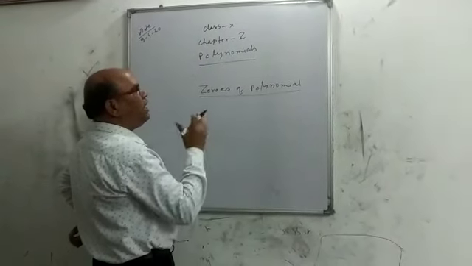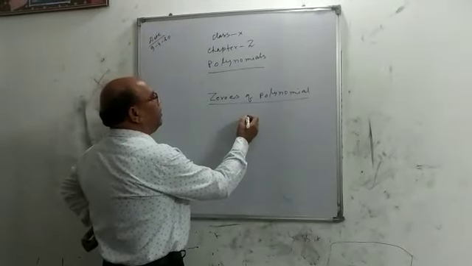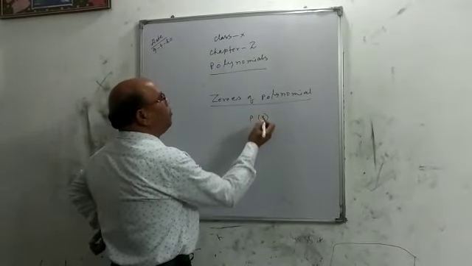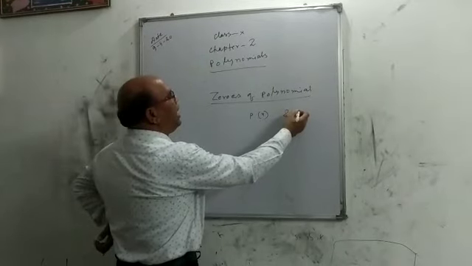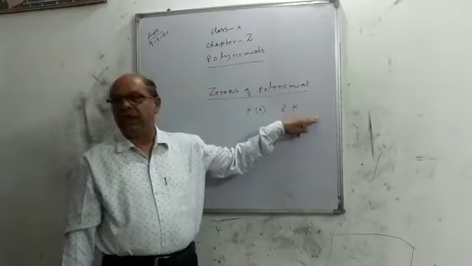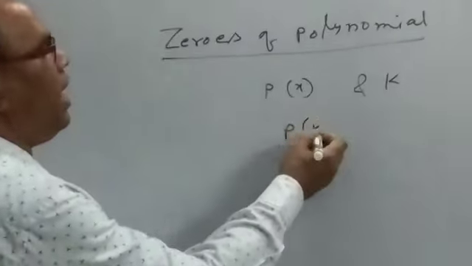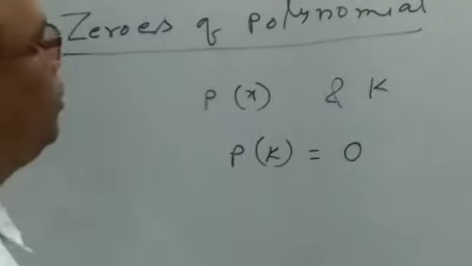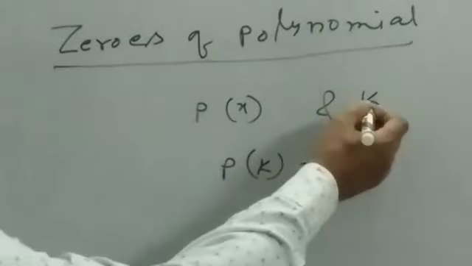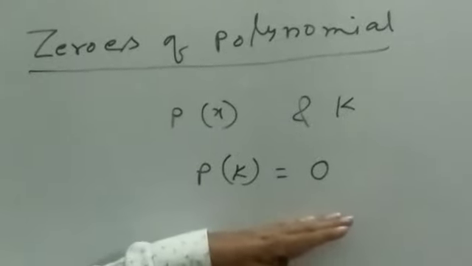Then what is the general definition? If p(x) is a polynomial and k is a real number, and if p(k) is equal to 0, then k is said to be a zero of the polynomial. This is the definition.